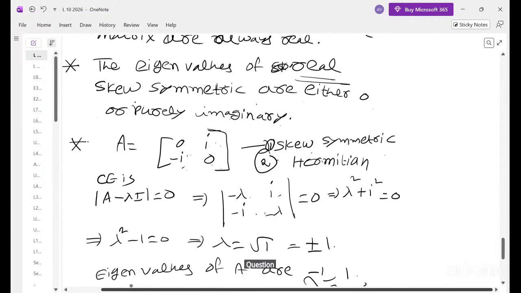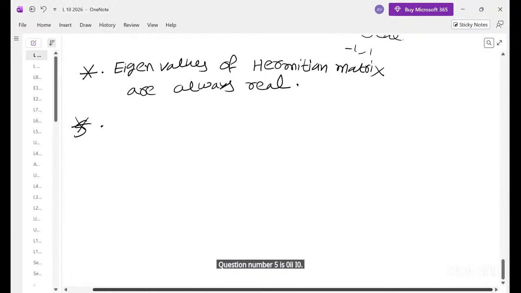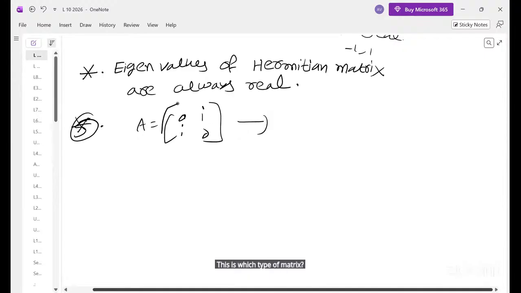Question number 5 is 0, i, i, 0. So A is equal to 0, i, i, 0. Which type of matrix is this? Can you identify? Symmetric and skew Hermitian. It is symmetric, correct? Complex symmetric.